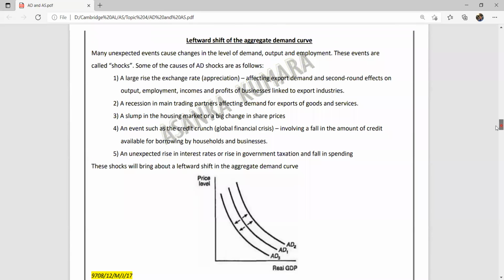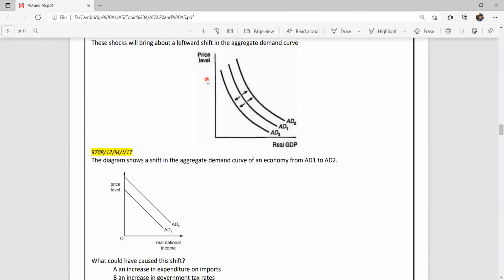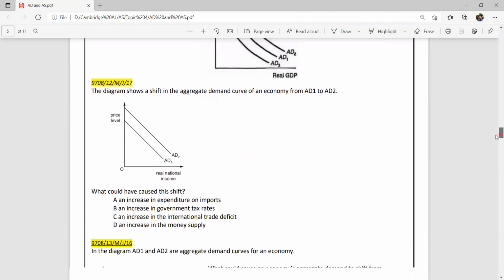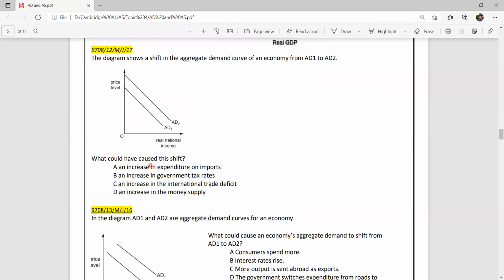These are what we studied now, reasons or examples. The aggregate demand curve may shift to the right or left in such ways. The diagram shows a shift in the aggregate demand curve of an economy from AD1 to AD2. What could have caused this shift?